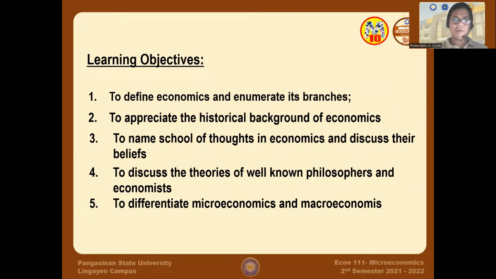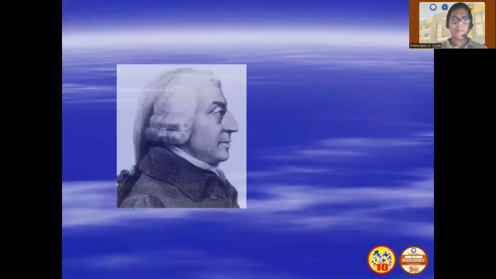We have named schools of thought, discussed their themes. We have discussed theories of well-known philosophers. And this time, we'll discuss another champion for economics. And yes, to differentiate microeconomics from macroeconomics.